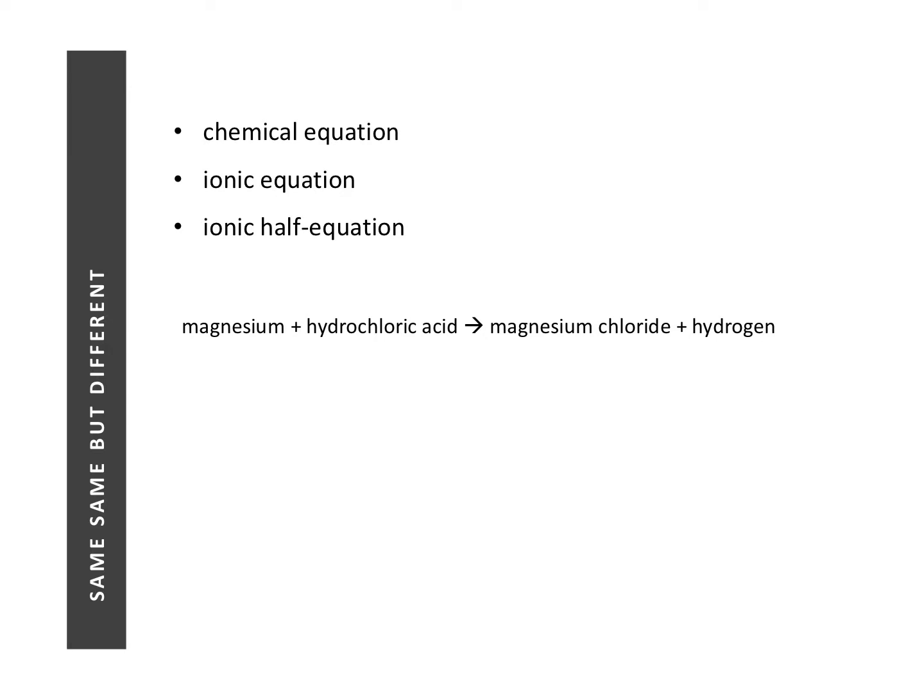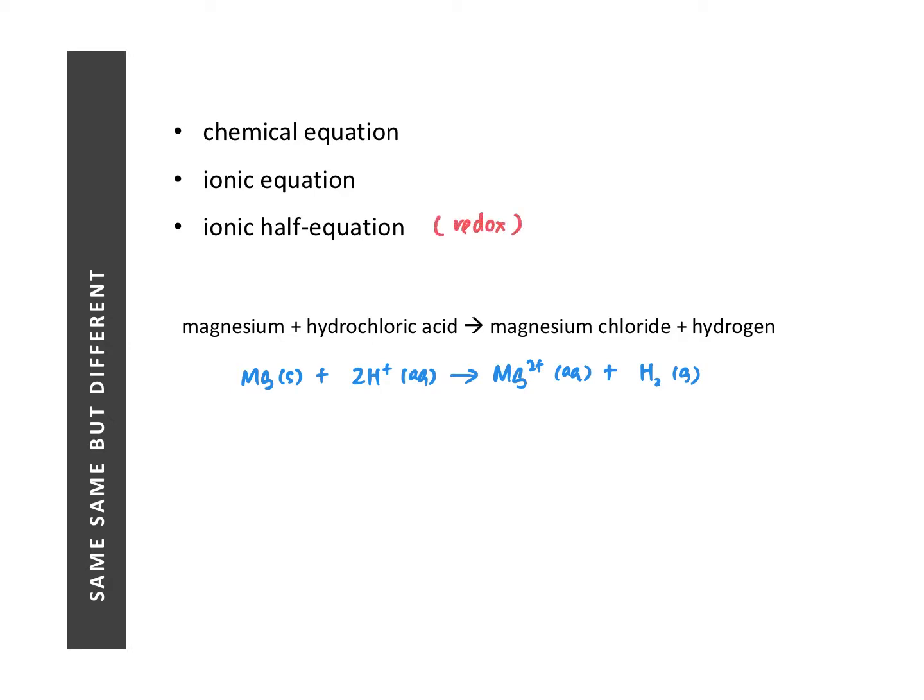Now that we have clarified the difference between chemical and ionic equation, let us look at the difference between ionic equation and ionic half equation. So let me first write down the ionic equation for the reaction that we were looking at. So this is the ionic equation. Now, ionic half equations are associated with the topic of redox.